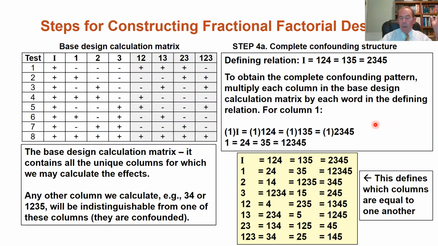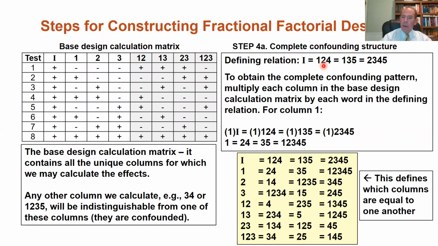So for example, if I wanted to figure out what columns are going to be equal to 1, what effects are going to be equal to variable 1, in other words, this minus plus, the way to do that is to take that column 1, this header for this column here, and multiply it times each word in the defining relation. So if I take 1 and I multiply it by I, I get a 1.